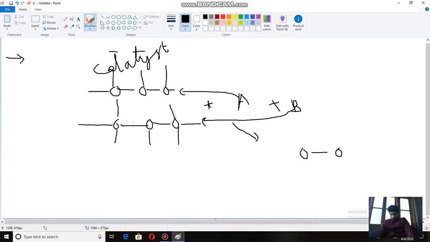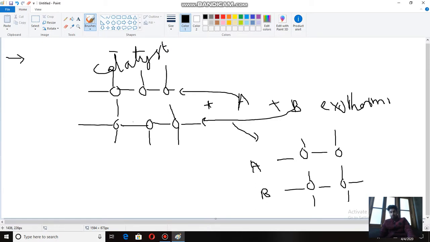See, it's A here, and here this is our catalyst surface, here it is B. Now, as you know, catalysis is an exothermic process. That means heat is evolved. Actually, this heat which is evolved here increases the activity of the catalyst also. Now after this A and B will try to form a bond between them.